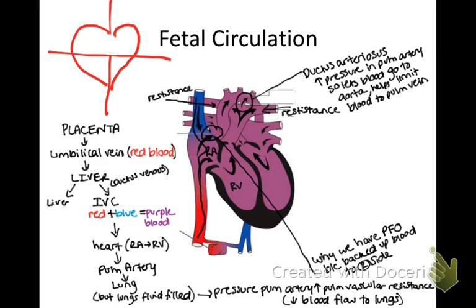But that's not enough. We kind of need another little pop-up valve, and that's where your ductus arteriosus comes into play. So you see this little channel right here in between the pulmonary arteries and the aorta. So again, normally you would have blood heading out to the lungs, but the lungs say no way, so it starts backing up, but then it can also pop right here into the aorta.